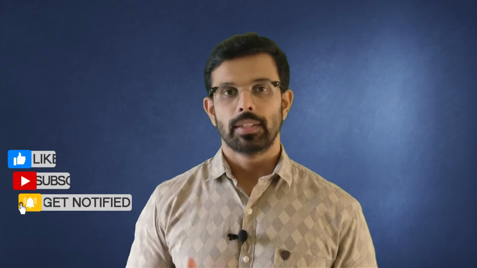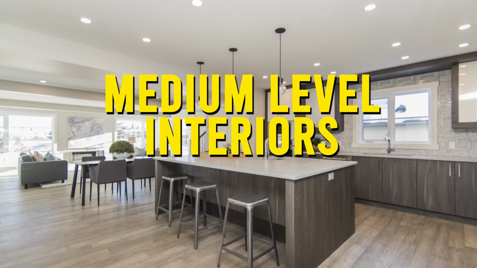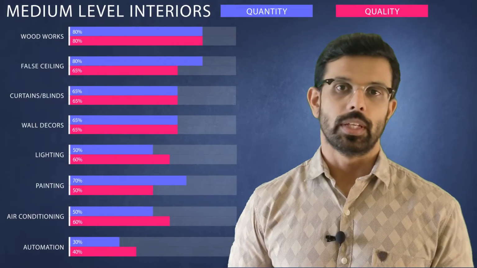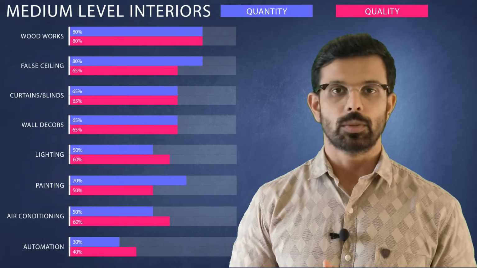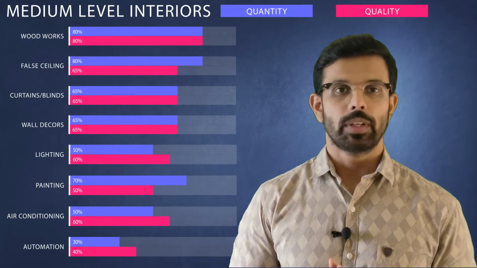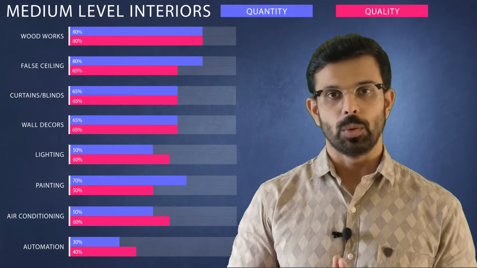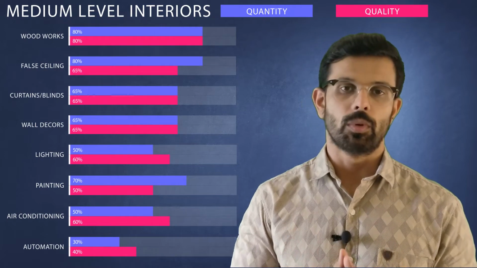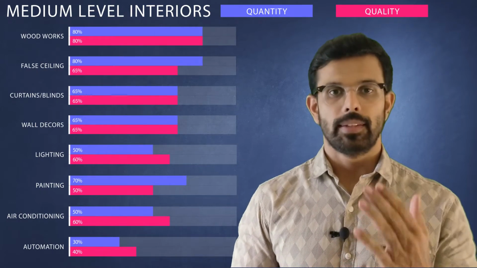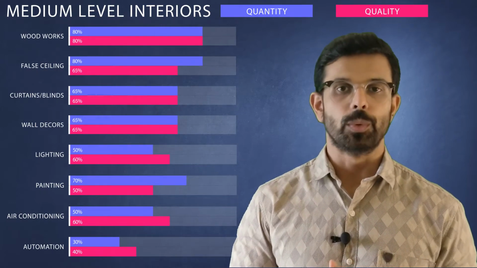Okay, now let's move on to the next level of requirement. Let's call it the medium level interior requirement. If you are planning to do interiors for your house in which you want all the functionalities to be covered, plus you want to replace some of your old furniture with new ones and also want to add a good amount of design style to your house, then this range might work out for you.